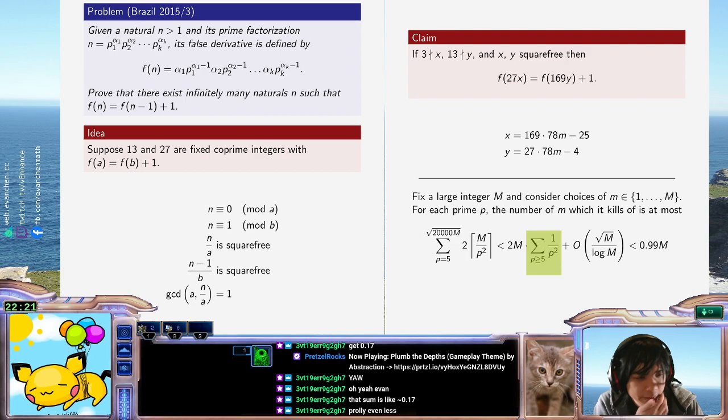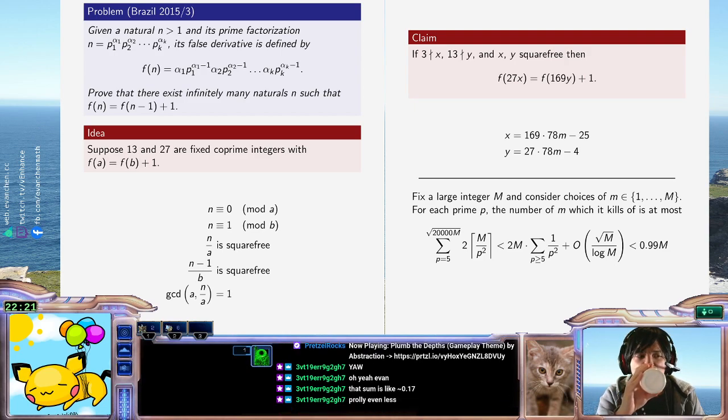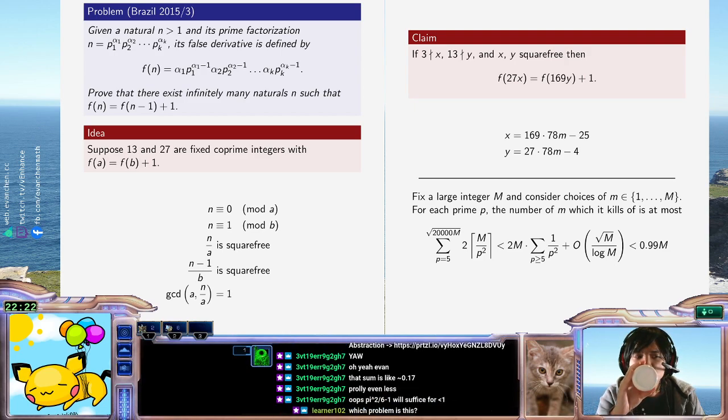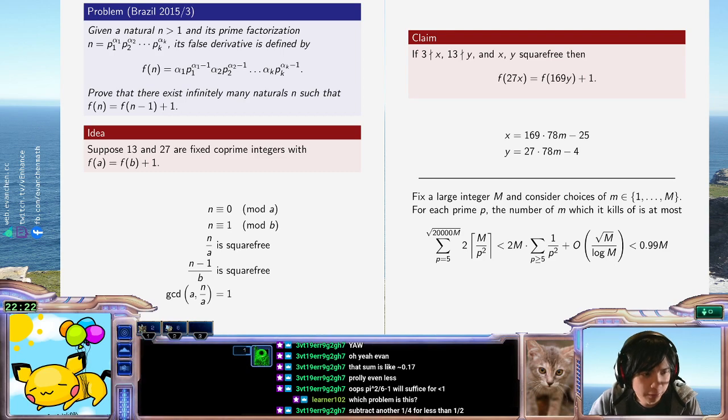The reason I remember this sum is because the very last USUMO problem I did in high school, I needed an estimate for this sum as well. I think I needed it to be less than like 1. The problem I was referring to is USUMO 2014-6.